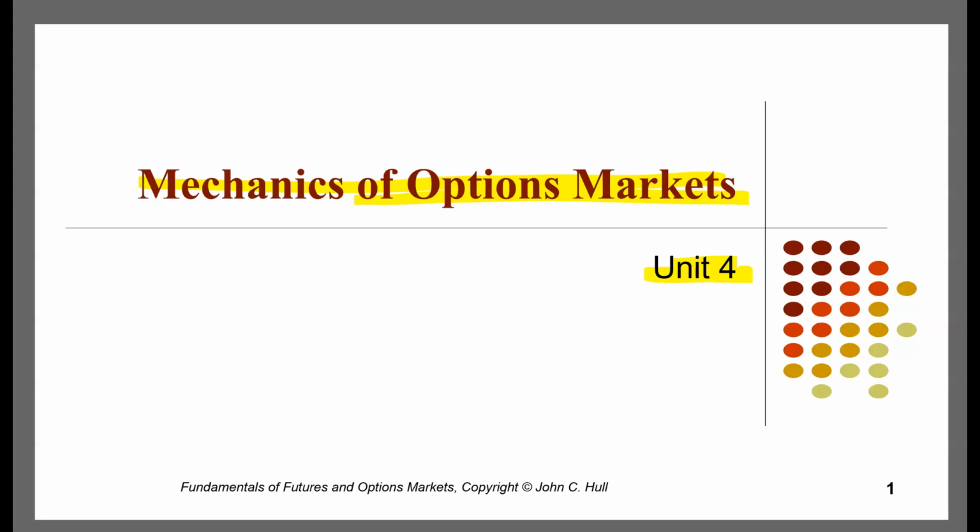Remember, the set of derivatives contracts that we plan on looking at are futures, forwards, swaps, and options. In the first 3 units so far, we've introduced and talked about futures and forwards.